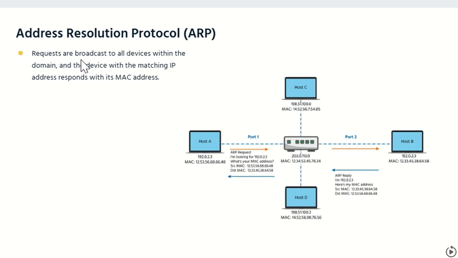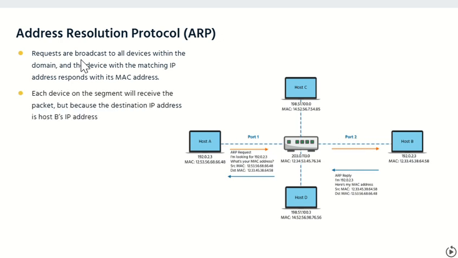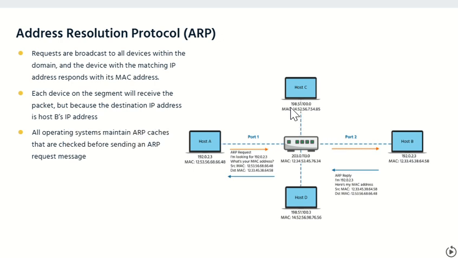The switch will forward the frame out to all interfaces except the incoming interface. Each device on the segment will receive the packet, but because the destination IP address is host B's IP address, only host B will reply with the ARP reply packet listing its MAC address. Host A now has enough information to send the traffic to host B.